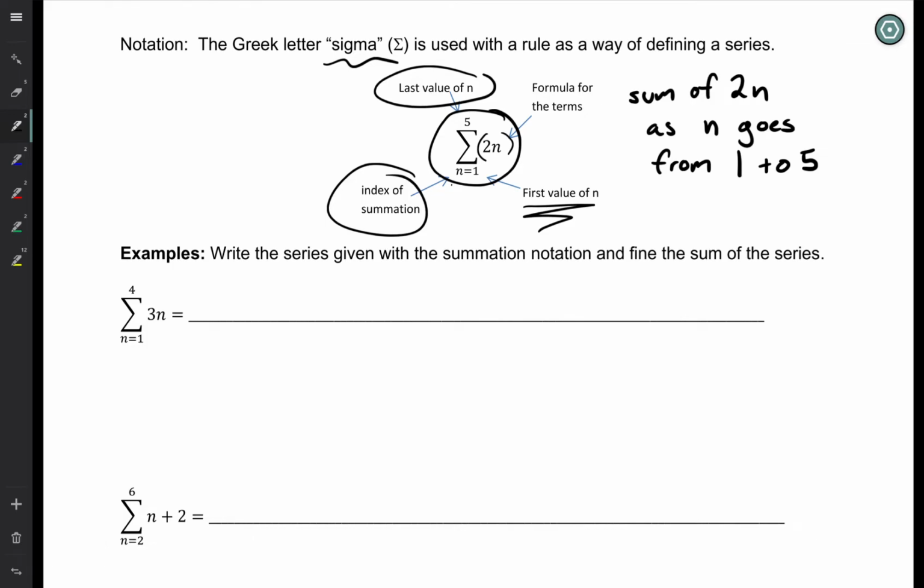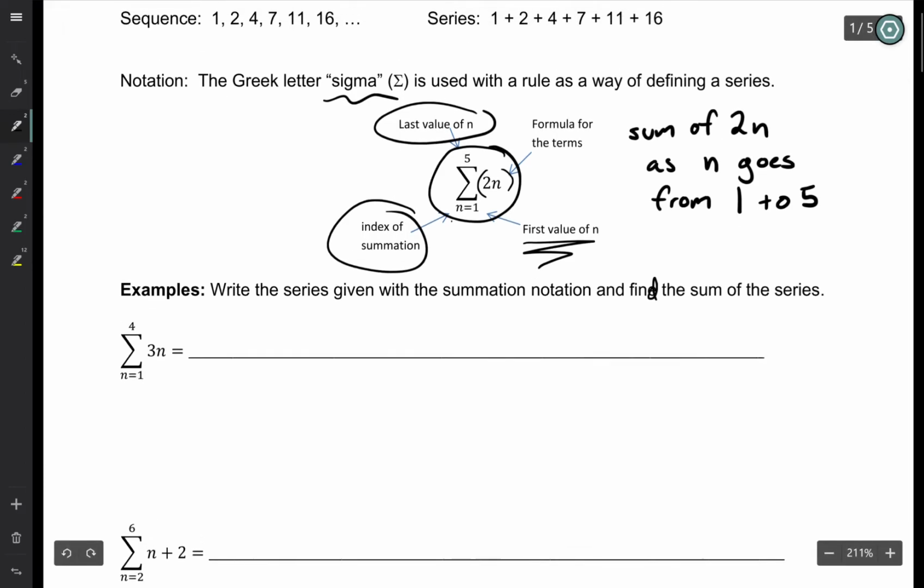It's asking us to write the series given the summation notation and find the sum of the series. This sum is telling me to find the sum of 3n as n goes from 1 to 4. Let's start. First I say n equals 1.